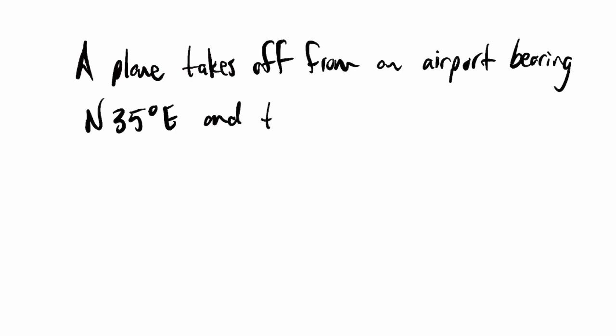A plane takes off from an airport, let's say bearing north 35 degrees east, and travels, let's say 600 miles per hour for 75 minutes. Let's say for 80 minutes.